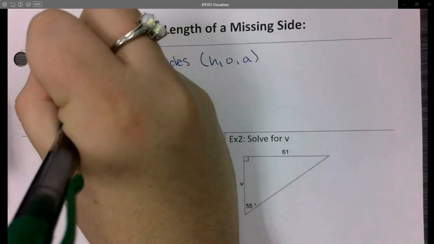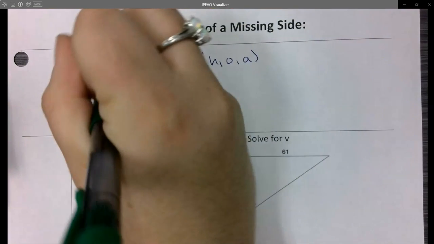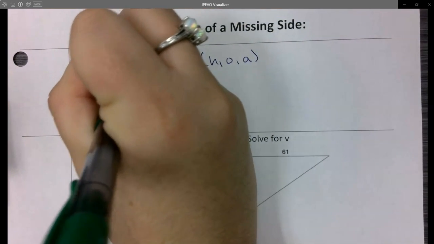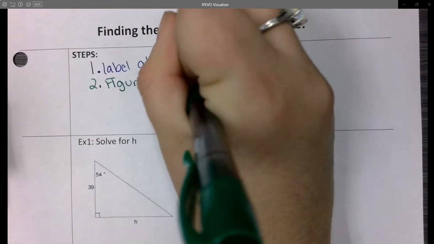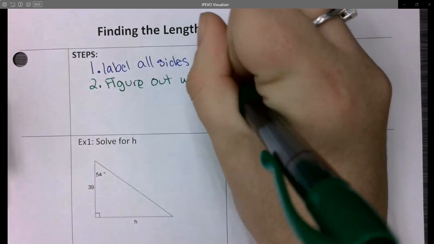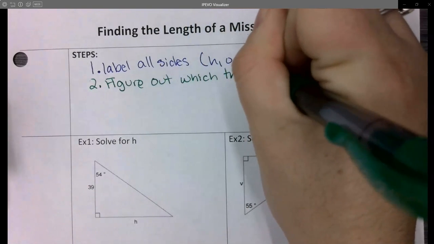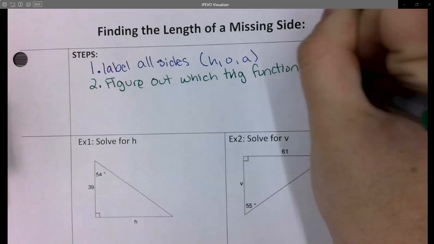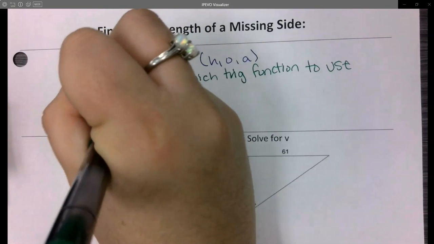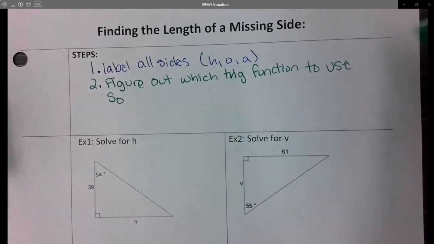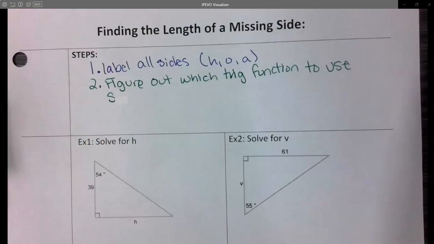Then I want to figure out which trig function works. So remember, this is SOHCAHTOA.